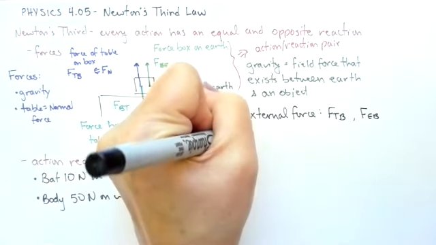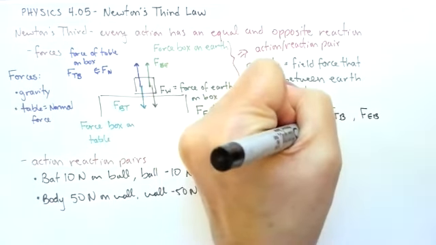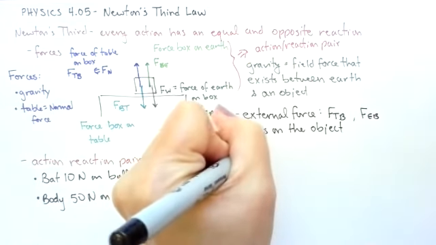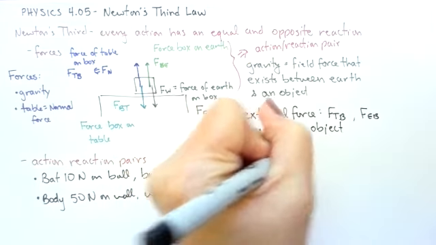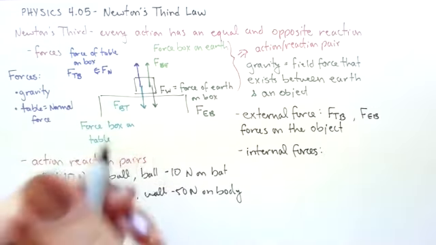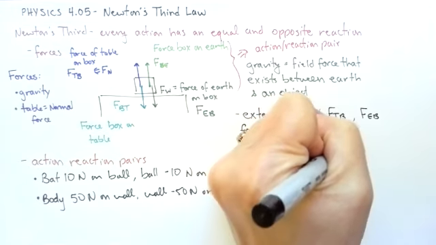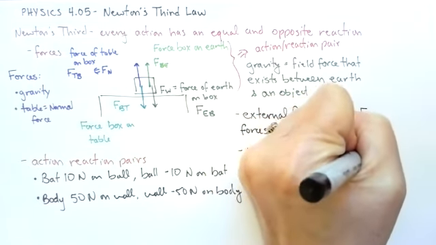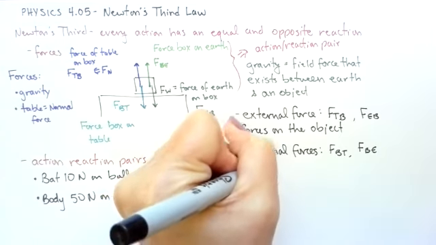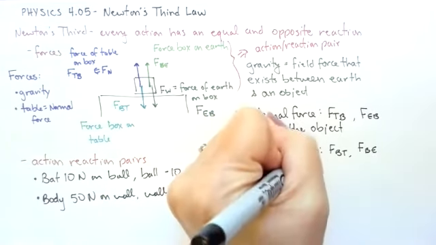These are forces on the object. Then we have what are called internal forces. That's going to be the force of the box on the table and the force of the box on the Earth. And those are forces exerted by the object.